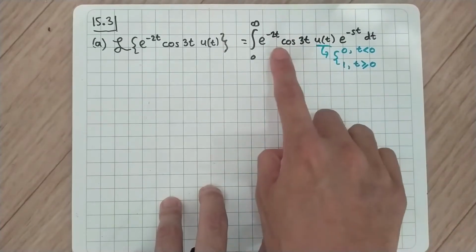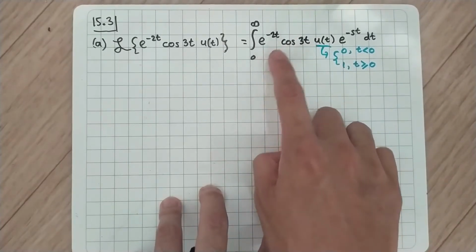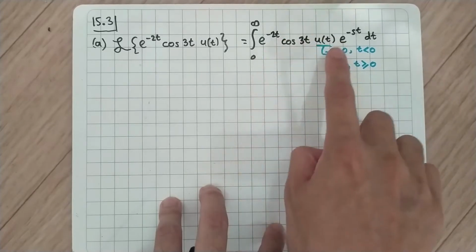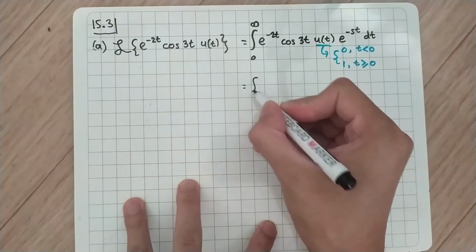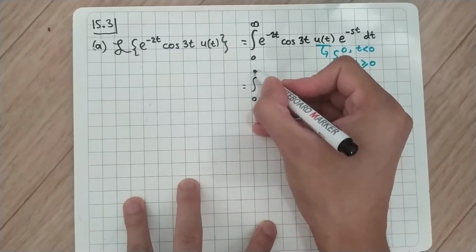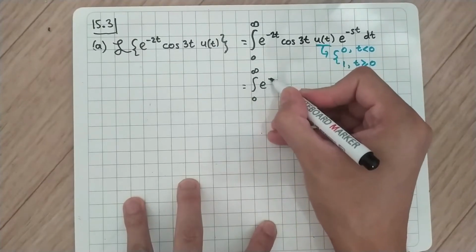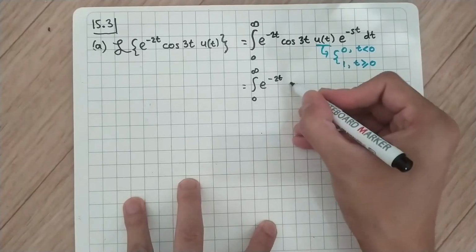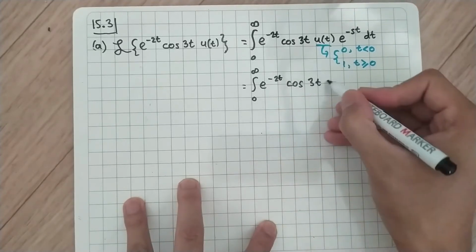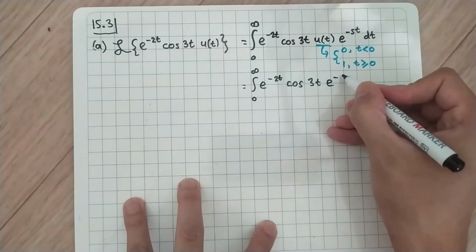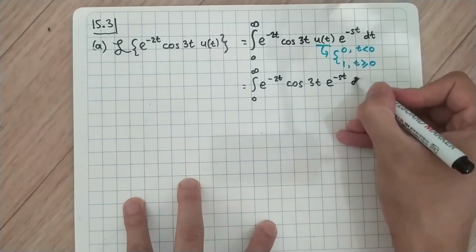So it's simply this function multiplied by 1. So we can rewrite this as simply the integral from 0 to infinity of e to the minus 2t cosine 3t multiplied by e to the minus st dt.